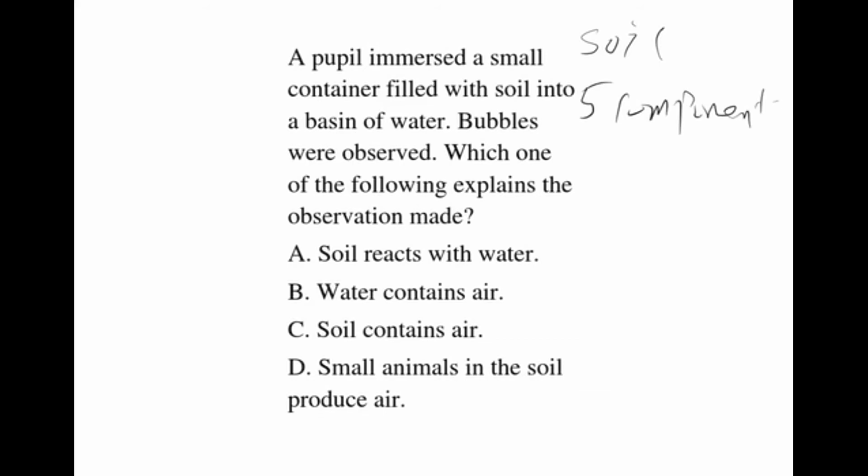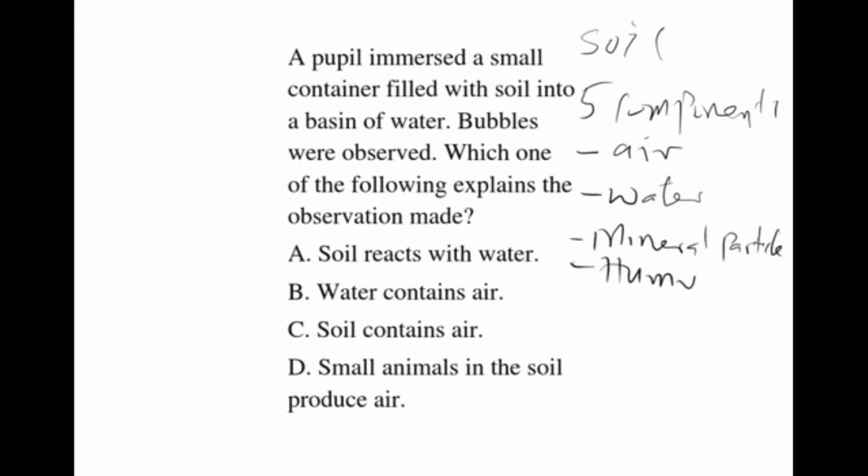The 5 components of the soil include: there is air in the soil, there is water in the soil, there are mineral particles in the soil, there is humus in the soil, and finally there are living organisms in the soil. Therefore, we carry out experiments to determine these 5 components of soil.